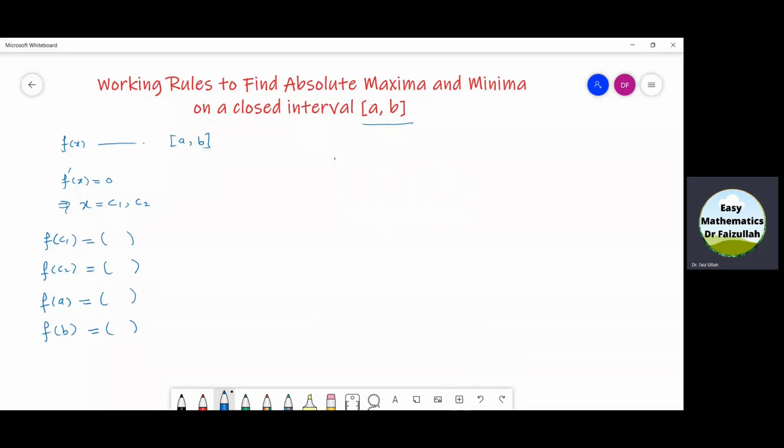Let us see it graphically. So we draw the graph of the function f of x between a and b. Now the point at which the tangent becomes parallel to the x-axis, f dash must be 0 at that point.